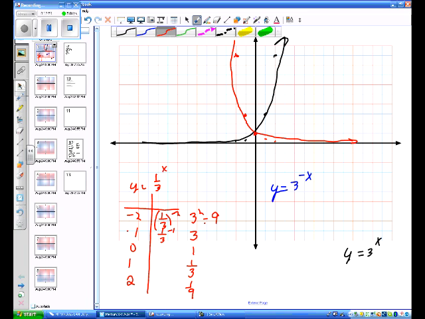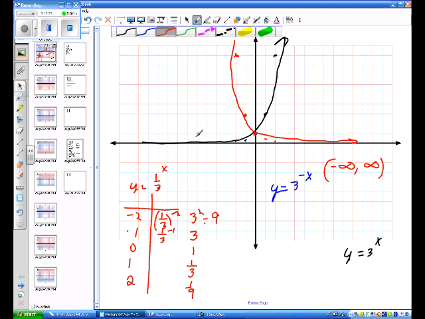And so we have our graphs. Now, we've got some specific characteristics of these that we're going to look at. First of all, for either one of these graphs, for the red or the black one, our domain was -infinity to +infinity. That's going to be true of every exponential function. Your domain will be -infinity to +infinity.